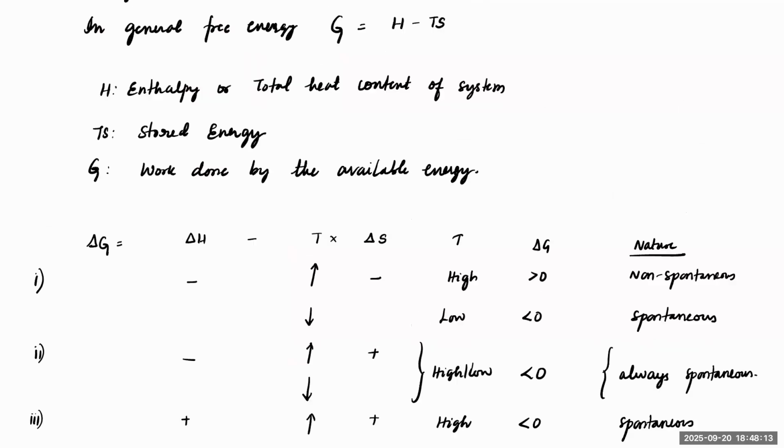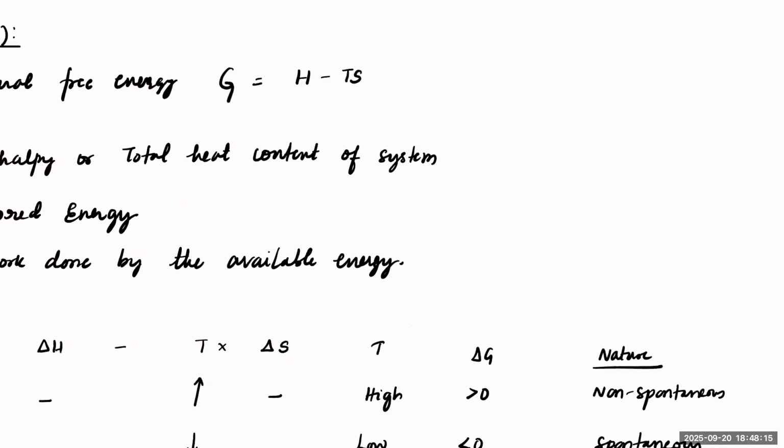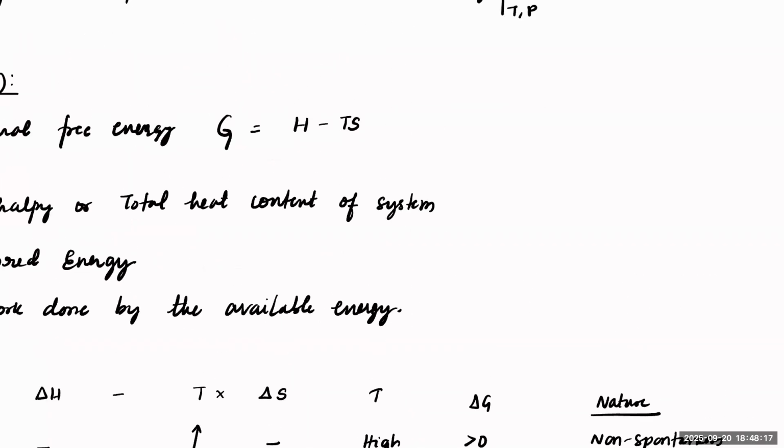Now, what if I operate this at constant temperature and pressure? That means if there is any change in free energy, it has to be delta H minus delta of Ts. And if you are maintaining it at a constant temperature, it will become T delta S. And this delta G at constant temperature and pressure, if this value becomes less than 0, then we can say it is a spontaneous change.